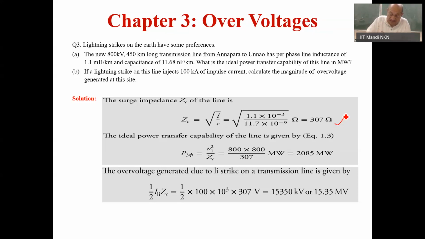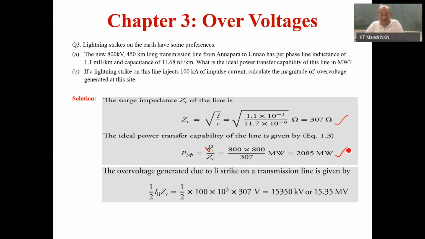It should have been written as capital V line square divided by the ZC you have calculated. That is 800 kV multiplied by 800 kV, that is V square, 10 to the power 6, in megawatt. That works out to be, for the 800 kV line, an ideal loading of the order of 2085 megawatt.